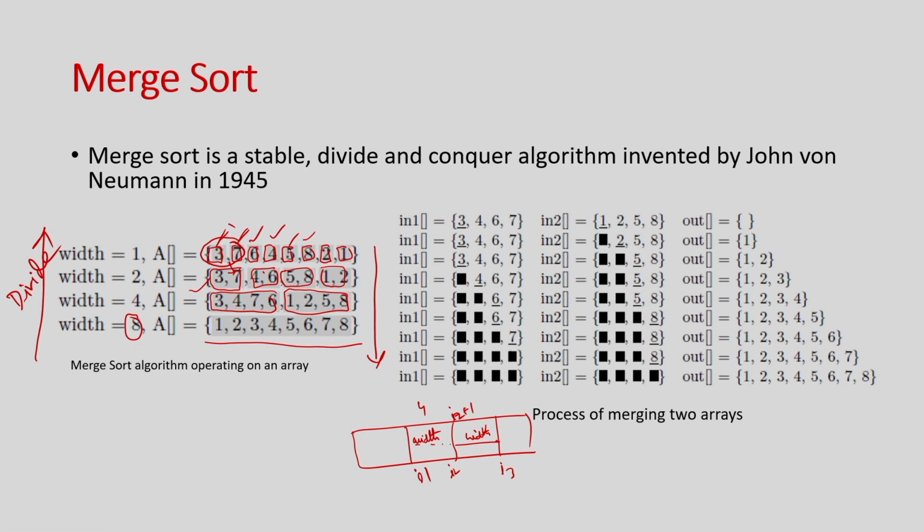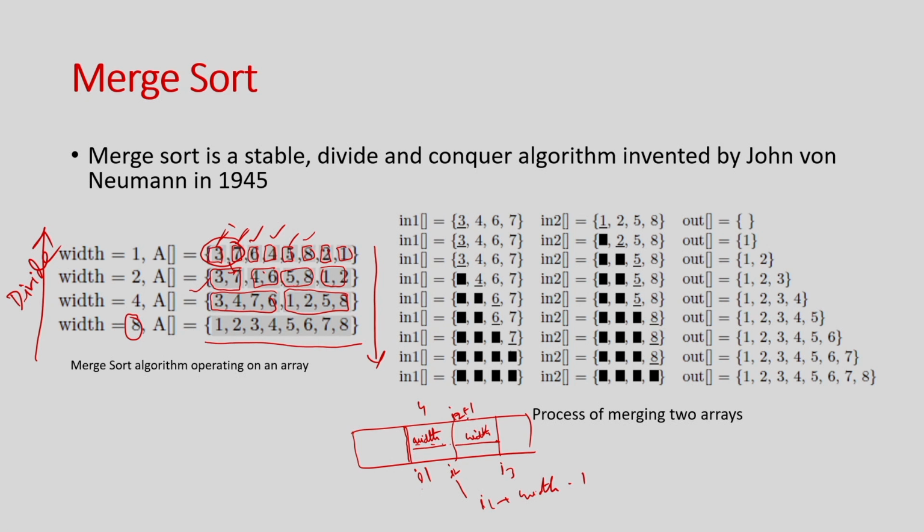The basic idea of merging is that we have 2 sorted arrays which are consecutive, and we have to merge them into another sorted array whose size is double, the summation of these 2 sizes. If I start at location I1, and the width of this sorted array is width, then I2 is nothing but I1 plus width minus 1.